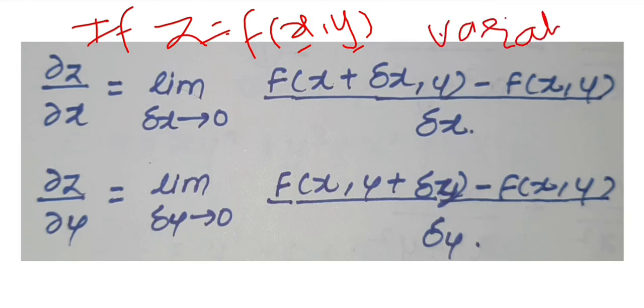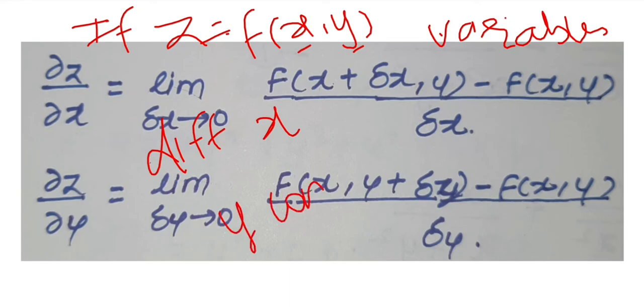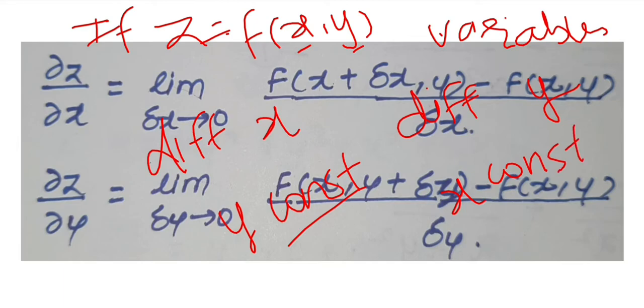So the first condition for partial differentiation is that while we are differentiating with respect to x, we will assume y as constant, and vice versa, when we are differentiating with respect to y, we will assume x as a constant. This is the basic condition of partial differentiation.